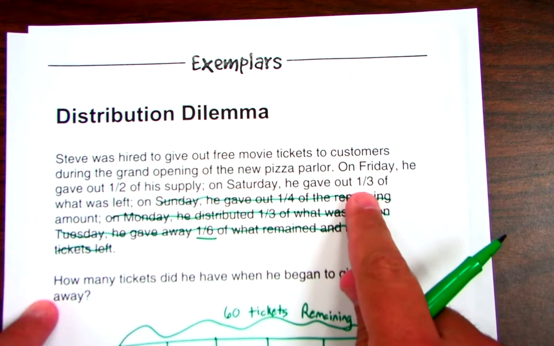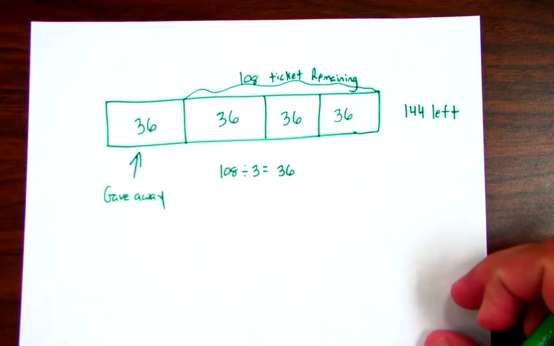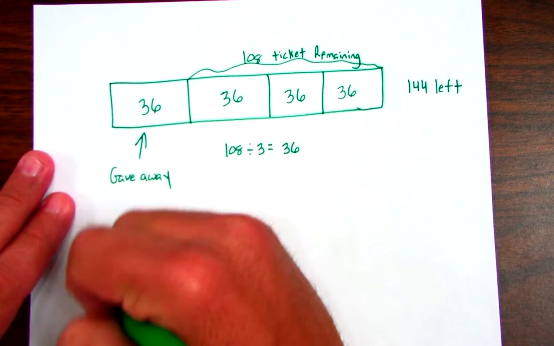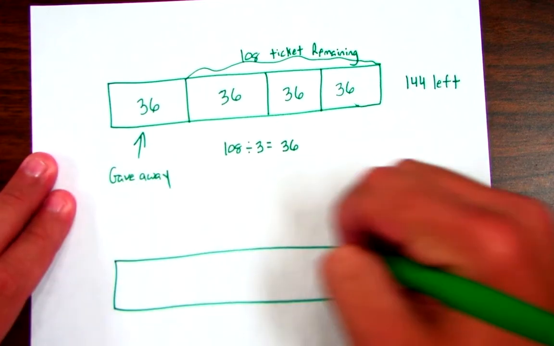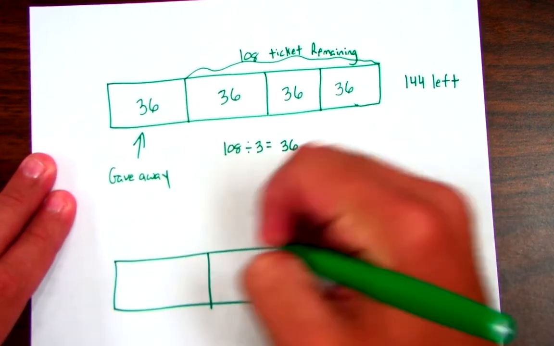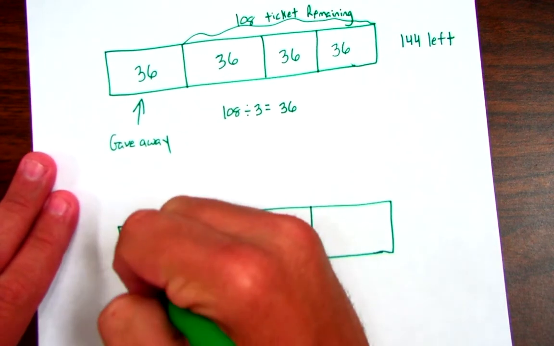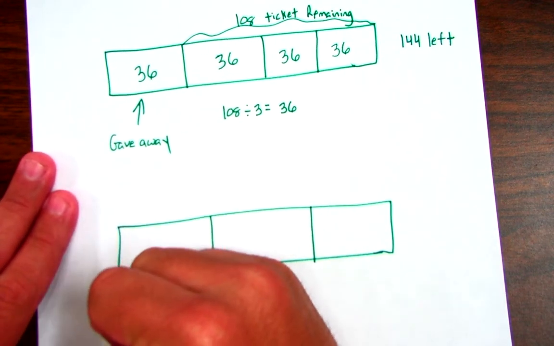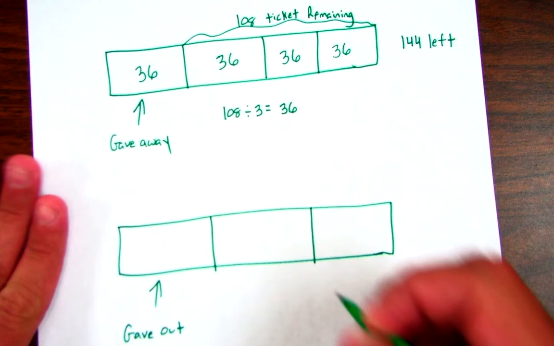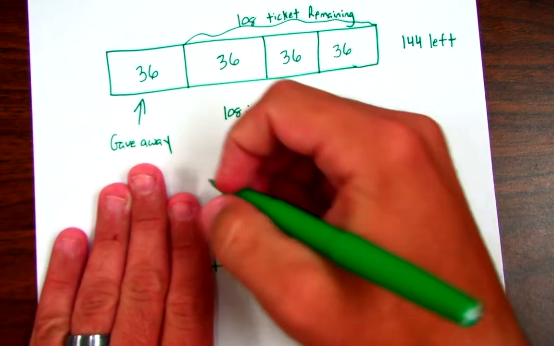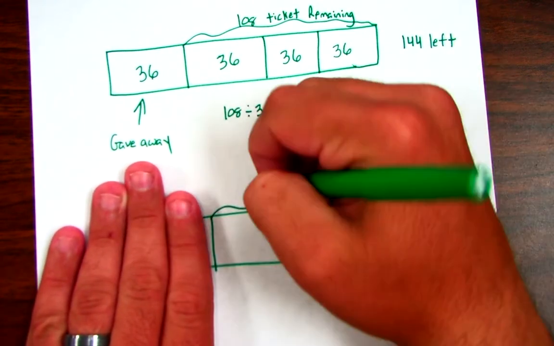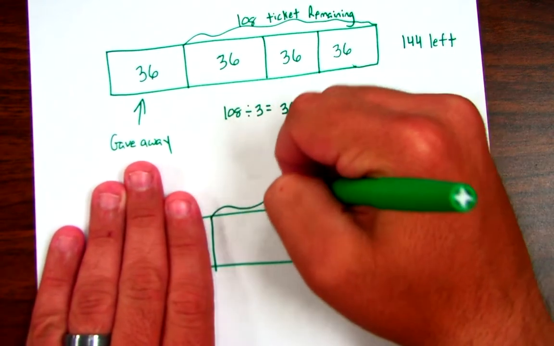Saturday, he gave out a third of what was left. Again, he gave out a third of them. So these two boxes represent the 144 tickets left.